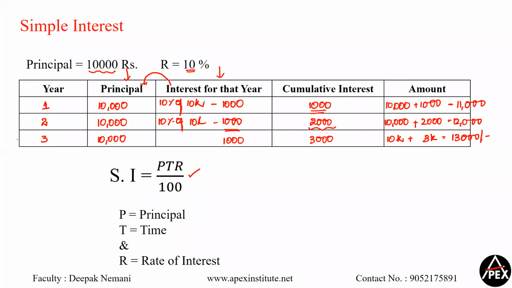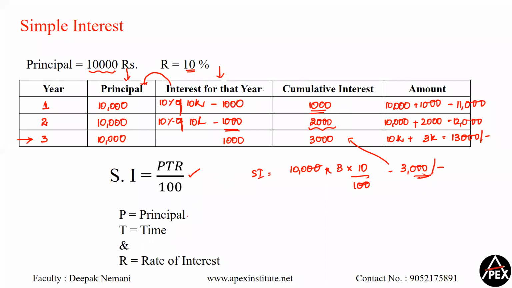For example, what will be the simple interest if the principal is 10,000 and the rate of interest is 10% at the end of 3 years? SI will be equal to principal, which is 10,000, into time period 3 years, into rate of interest 10 by 100. So this is equal to 3,000 rupees. The same we have got here.